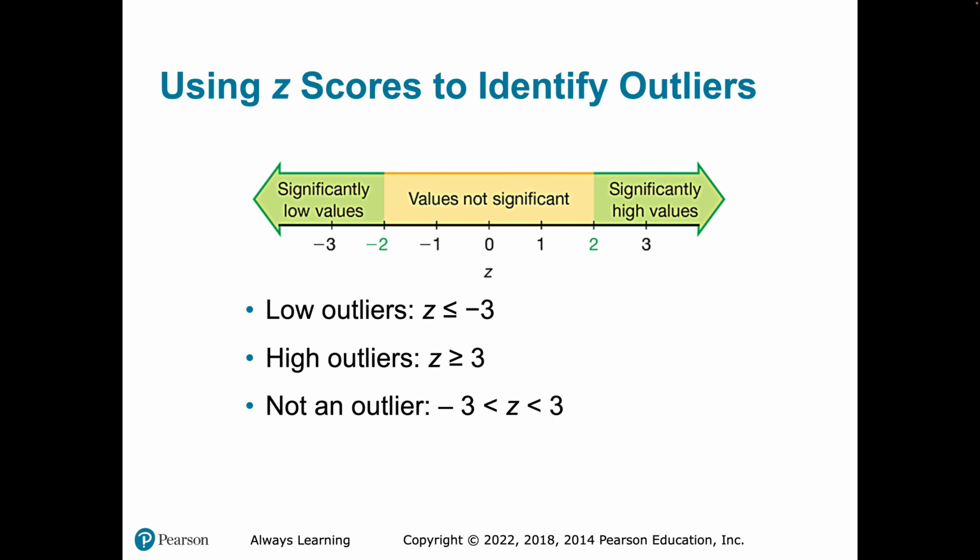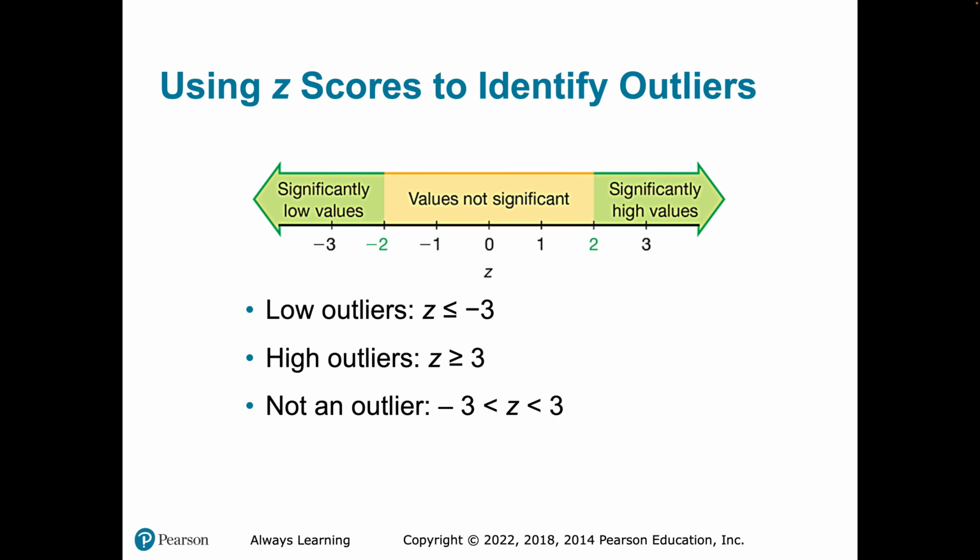So using z-scores to identify outliers, again, if we have a z-score less than -3, we determine that is a low outlier. If we have a z-score greater than 3, we call that a high outlier. Any z-score between -3 and +3, we say that they are not an outlier.